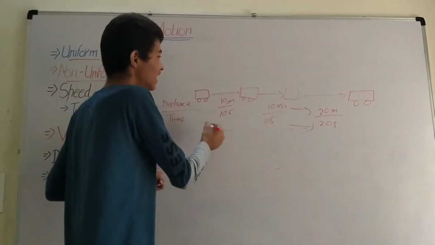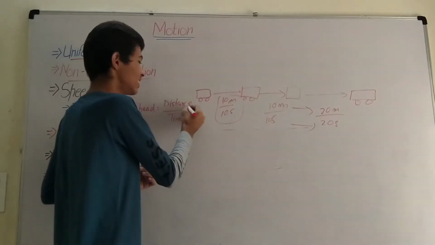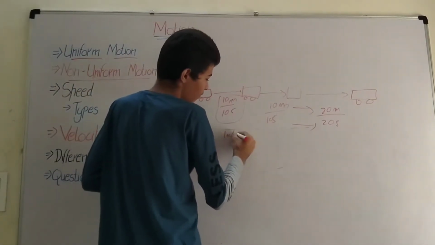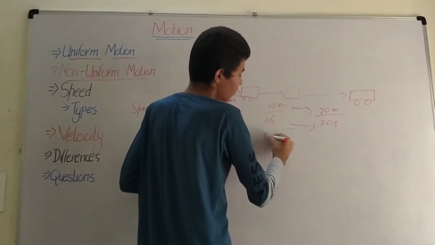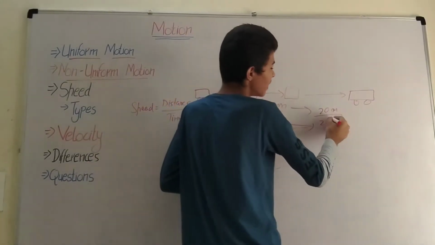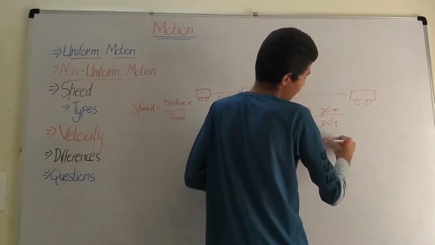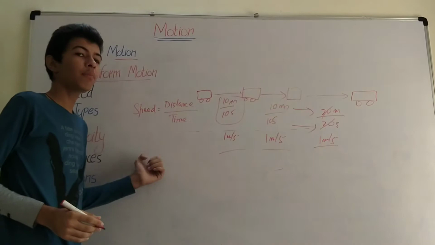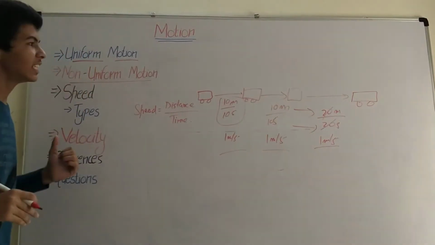As you calculate the speed, distance divided by time, it would be 1 meter per second here, and here also 1 meter per second. Here 20 divided by 20 would also be 1 meter per second. So in all three cases the speed is the same.